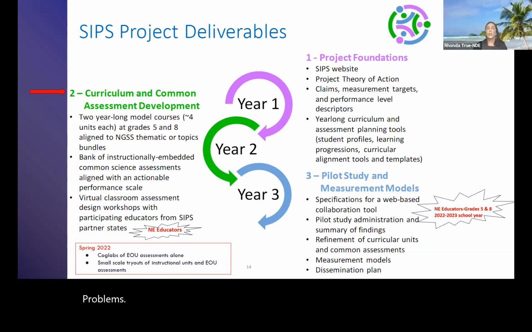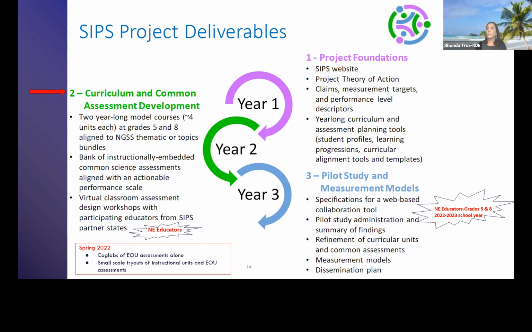And in year 3, it'll be a larger scale pilot study. All 8 states will be asking districts or schools who would be interested, would you want to pilot 1 unit, and the embedded tasks as well as the end of unit task? Would you like to try out or pilot 2, 3, 4 units? And again, these are highly aligned to our standards, college and career related standards for science.